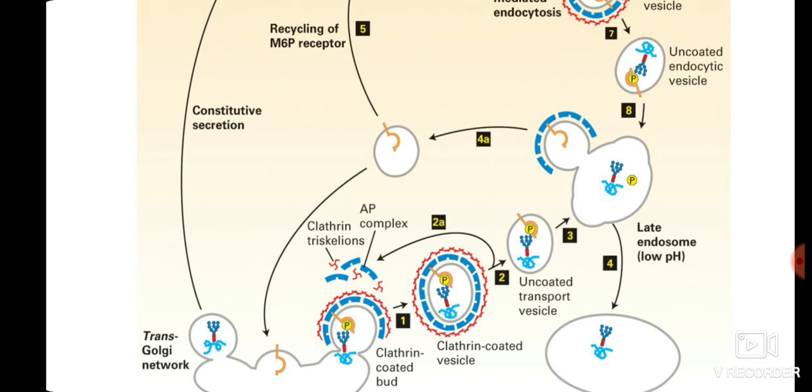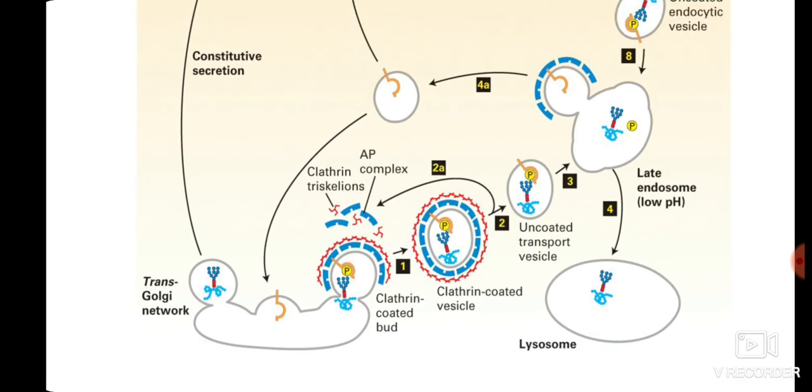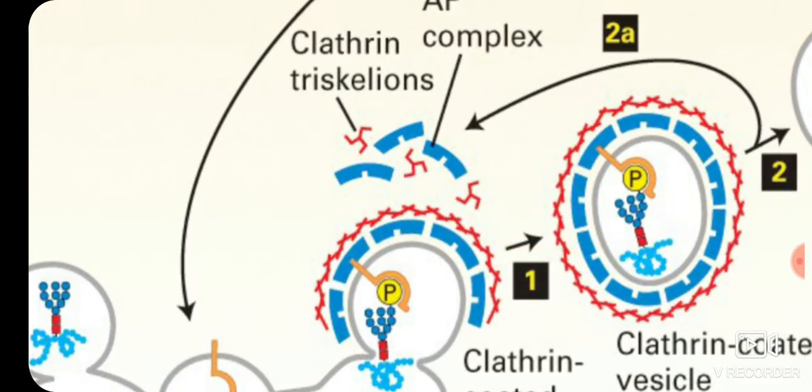You can see that in the trans-Golgi network, the protein with the phosphate is going to bind with the orange color receptor, that is the mannose 6 phosphate receptor.